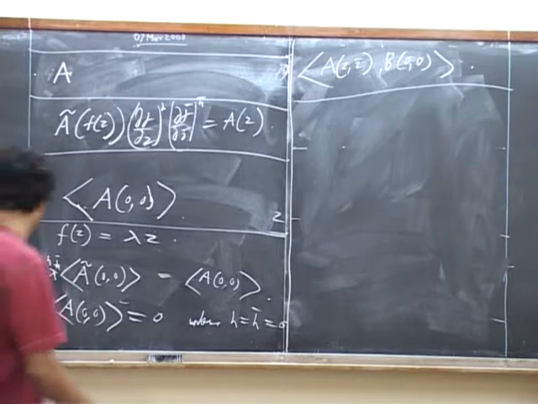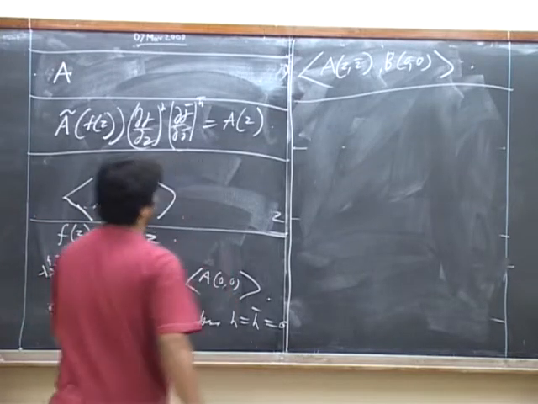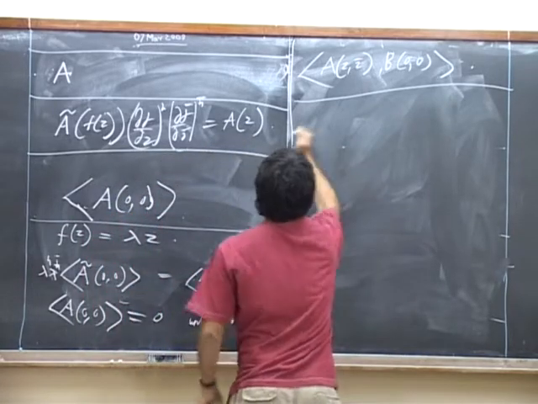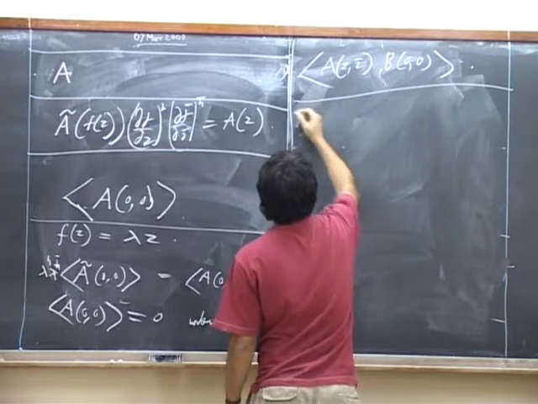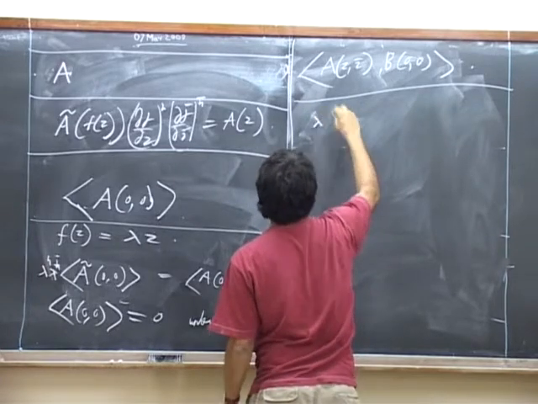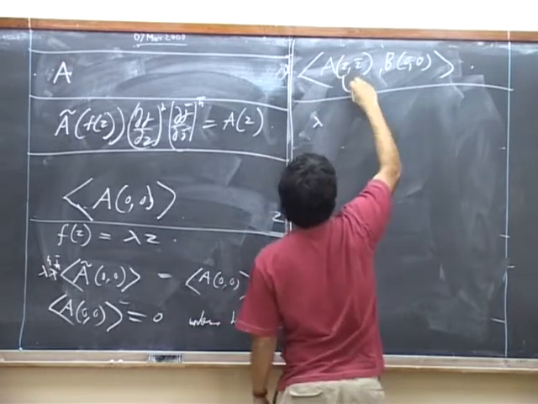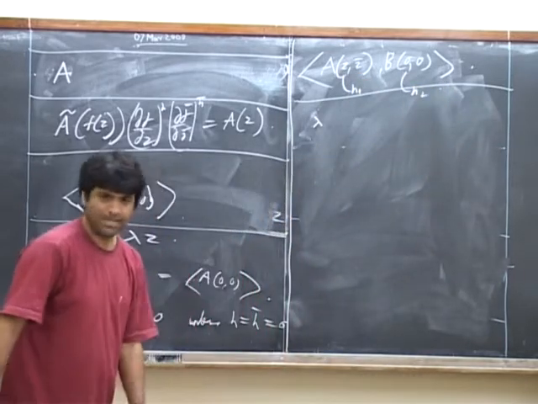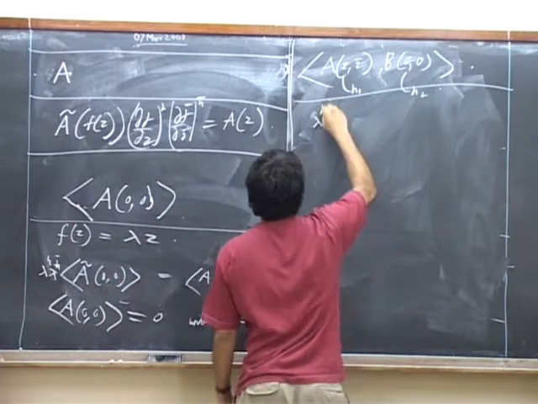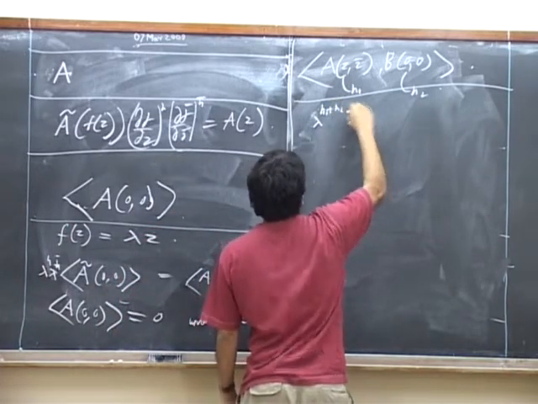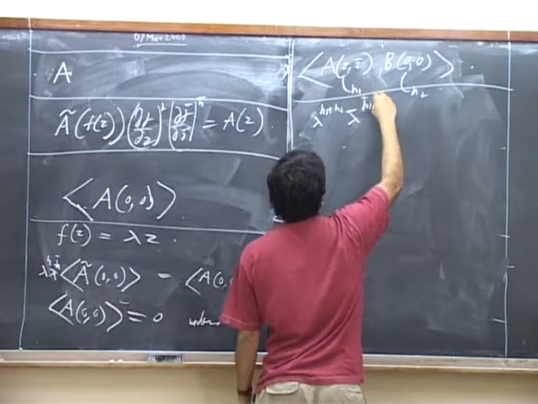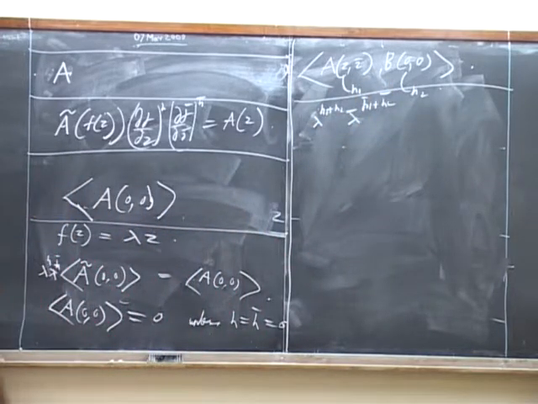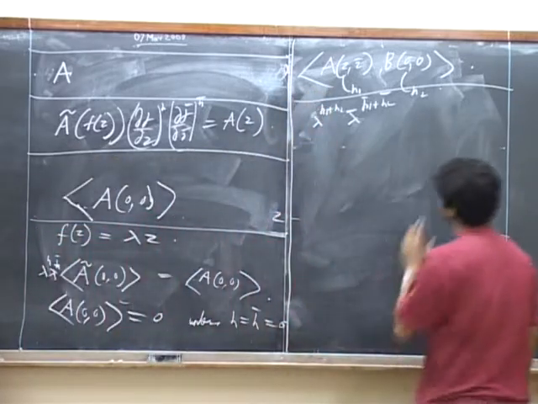Okay? So, what do we get? Well, we get ∂f/∂z, so that's λ to the power of the weight. Suppose this operator has weight h1 and this one has weight h2. Then we get λ^(h1+h2) λ̄^(h̄1+h̄2) times whatever this function is.